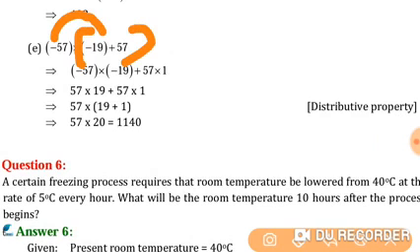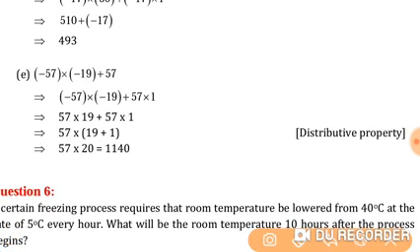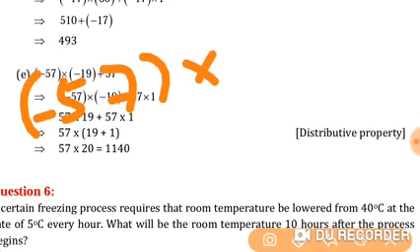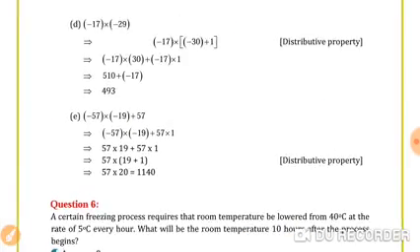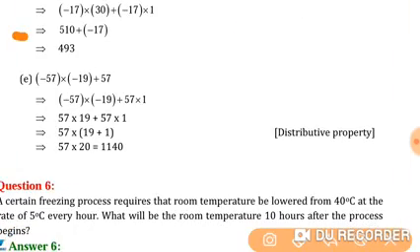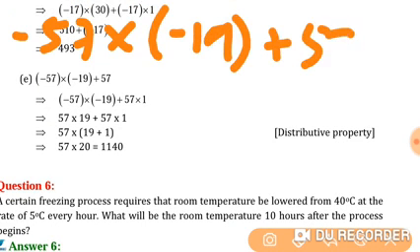It is not written like that in the question. See, 57 into minus 19 is there. Okay, sorry, plus 57 is there.